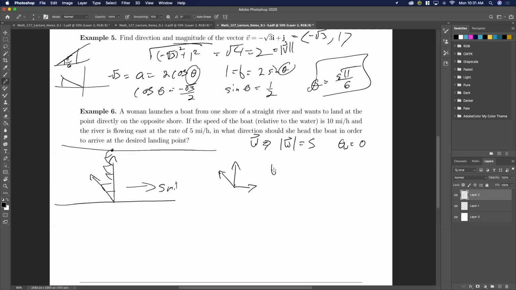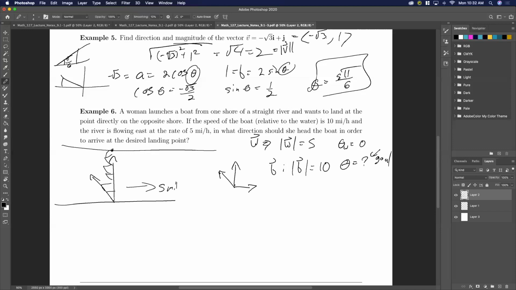We'll say the boat vector has a magnitude of 10, because it's 10 miles per hour. This is what we want to find. And the question is, what direction? So this is our goal. Write down the goal. It's always good to write down the goal.